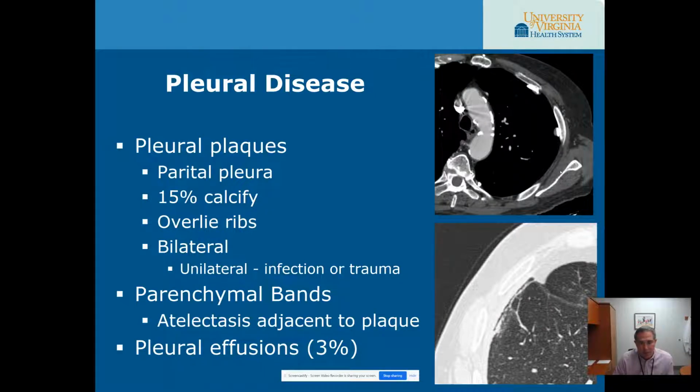If you see unilateral calcified pleural plaques, I usually would not conclude that they've been exposed to asbestos. Blood in the pleural space from trauma or infection would probably be more common for unilateral pleural plaques. But bilateral calcified pleural plaques, I would say, are consistent with prior asbestos exposure. You can have parenchymal bands adjacent to the plaques and pleural effusions.